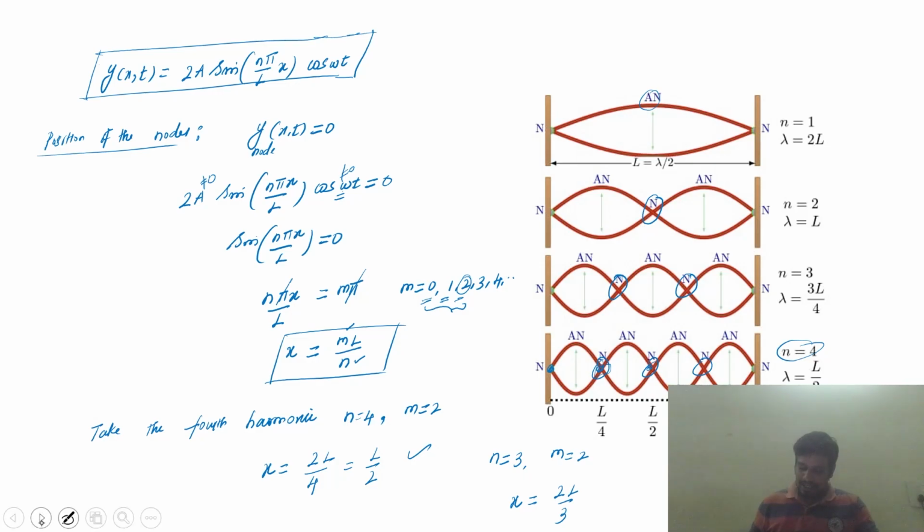Now the next one is we need to find the antinodal position, the position of the antinodes. In the antinodes, the amplitude we need to take as maximum.